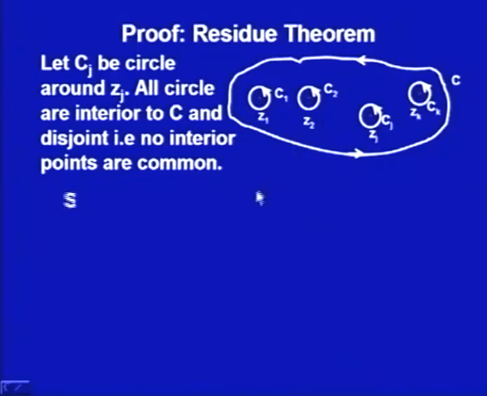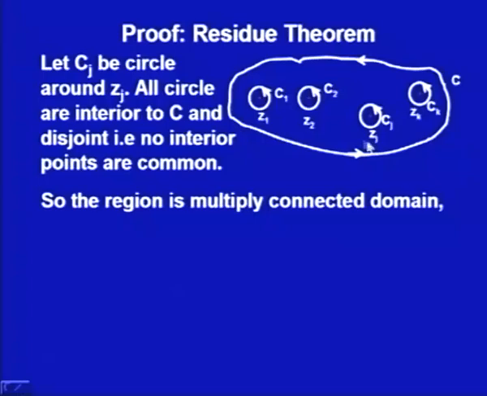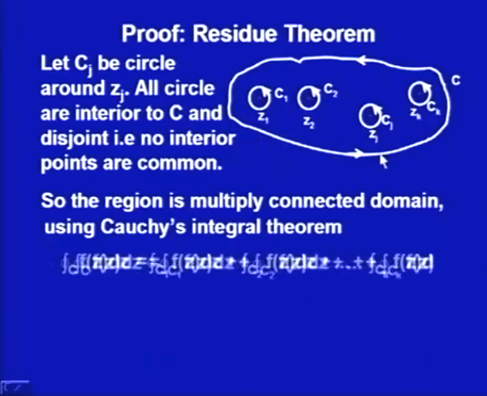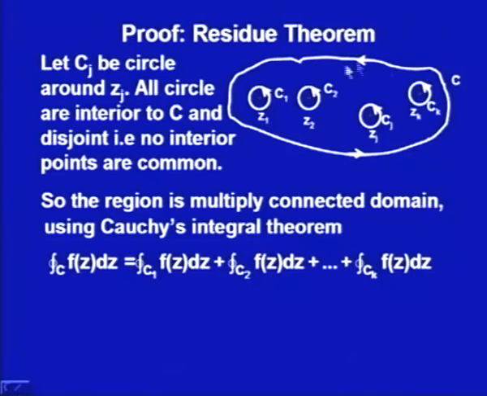So, let us use it. The region is multiply connected. So, use the Cauchy integral theorem for multiply connected domain, which says that the integral of an analytic function along the boundary must be 0. For a multiply connected domain, the inner boundaries we have to take in the negative sense. In other words we write that the integral of f along this contour C, that is the outer boundary, should be the same as the summation of the integrals of f on the inner boundaries.